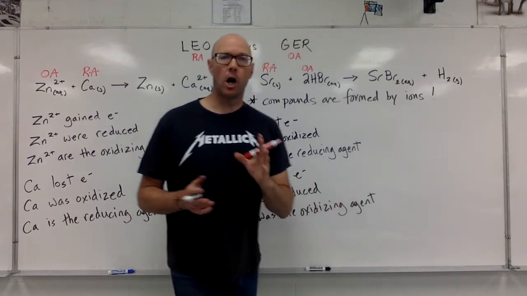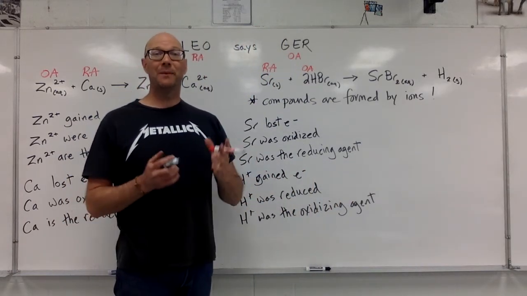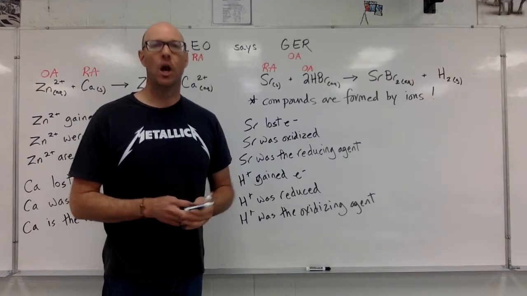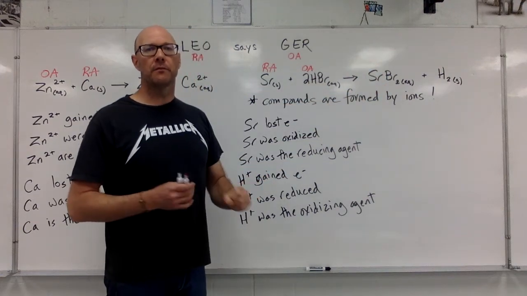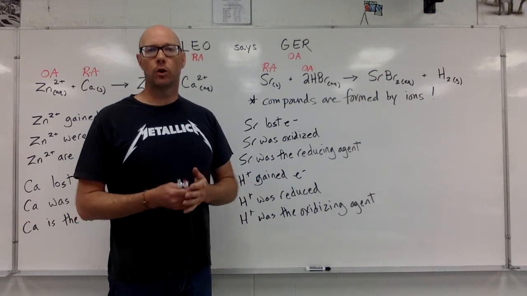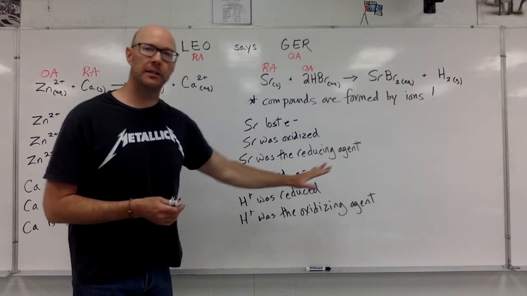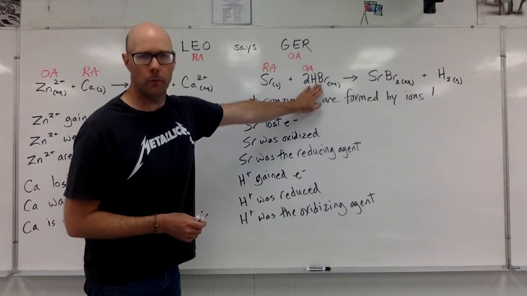When we're labeling oxidizing and reducing agents, it's also worth noting that we can only apply those labels to the reactants. We're never going to put anything on the product side in terms of labeling oxidizing or reducing agents. The final thing that we could possibly say about this second example is, what was going on with the bromines?